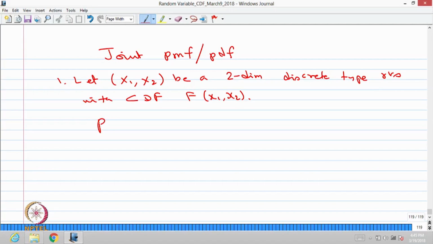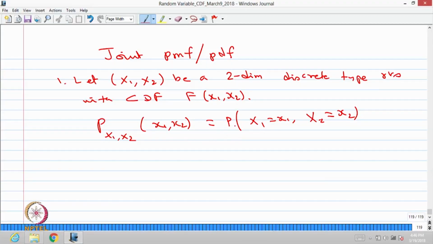probability of x1 comma x2, that is with the variable x1 comma x2, that means the probability of x1 takes a value small x1 and x2 takes a value small x2, where small x1 is the images of x1 or ranges of x1 and small x2 is the ranges of the random variable x2 or the images of x2.